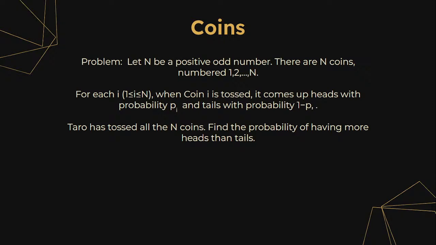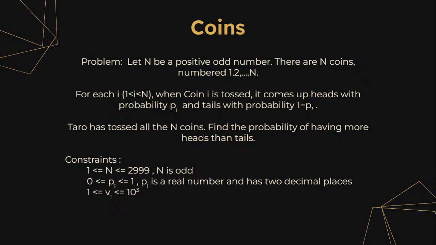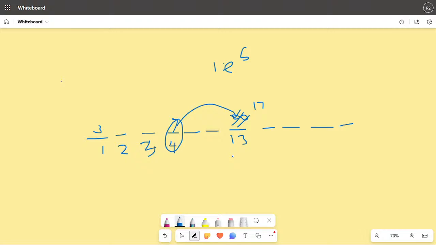Okay, so for every toss, the probability is different, and we have to calculate the probability of getting more heads than tails. So n is 3000, which is odd, and the probability is a decimal number, oh, that must be a typo. Okay, so let's ignore it.